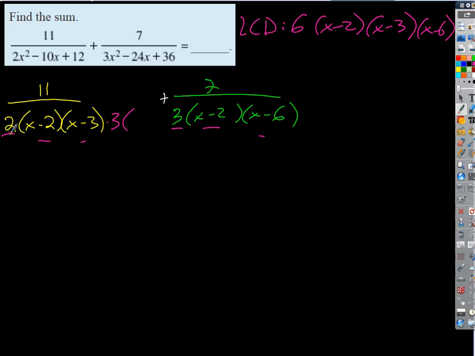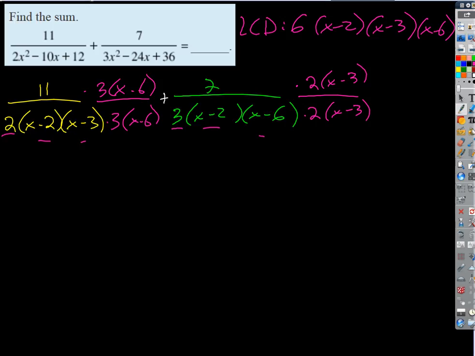And then I'm missing the factor x minus 6. So I'm going to do the same thing top and bottom. And of course, remember why we do that: because we're multiplying by 1, so we're not changing it, right? How about over here? 2 times x minus 3, you said? Okay, good.